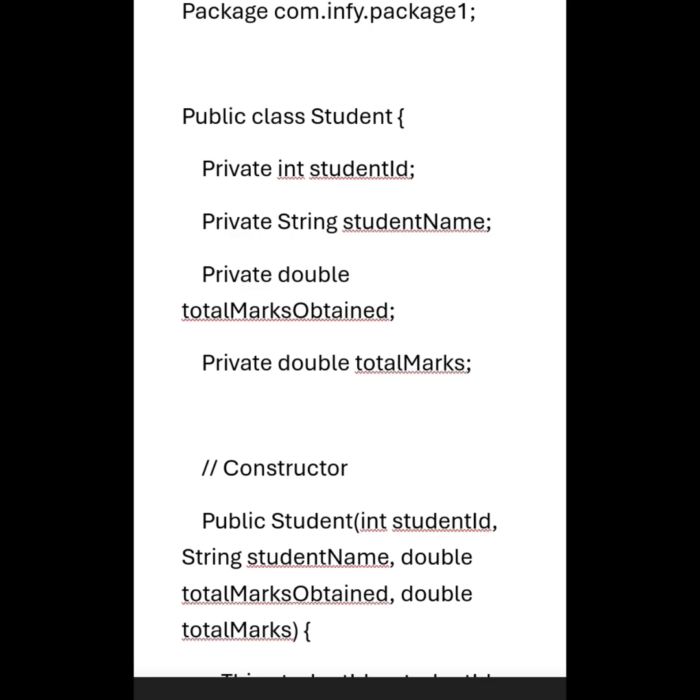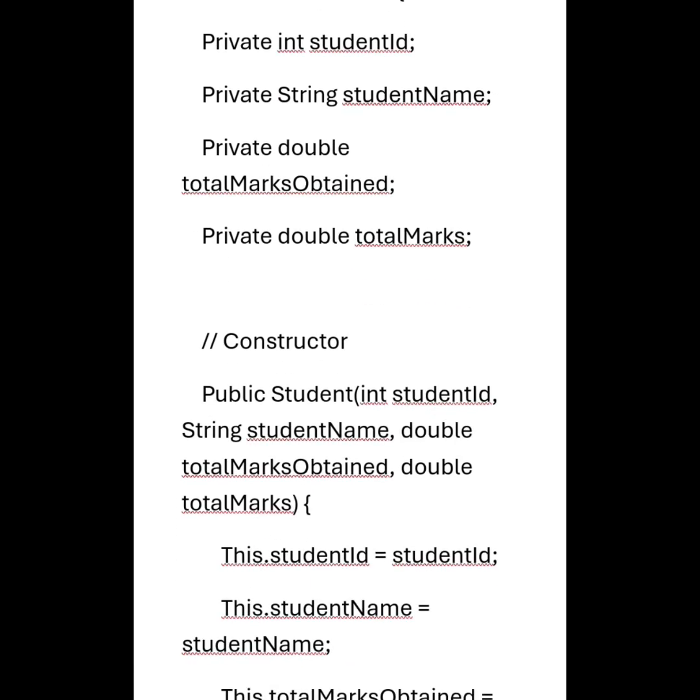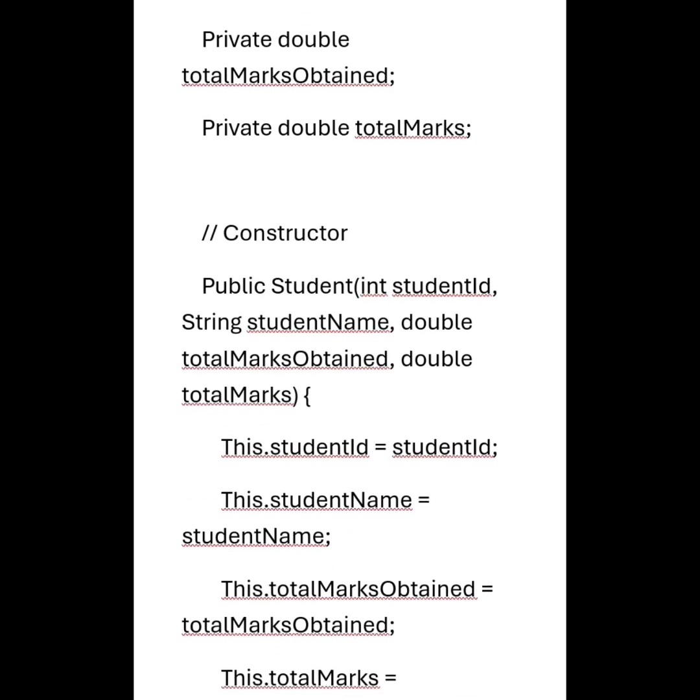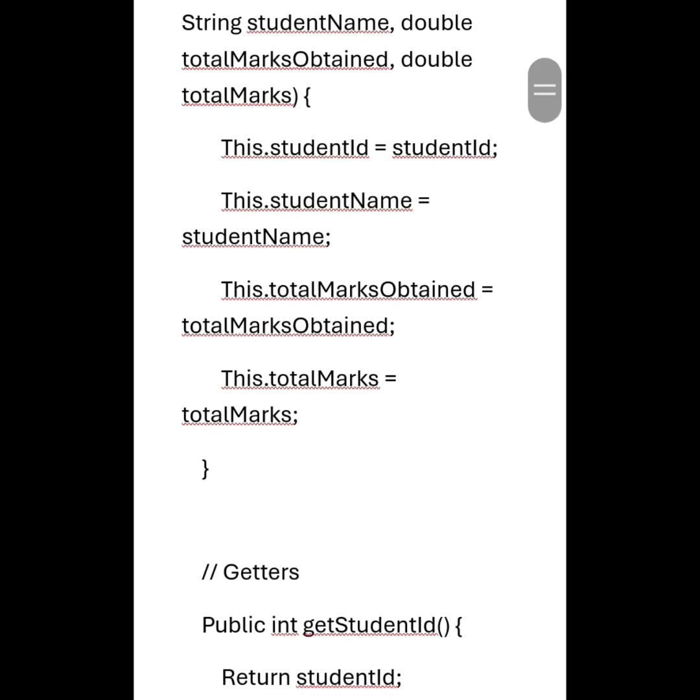Let us see the first package. We use the class Student, and then we use private int student ID, string student name, total marks obtained, and total marks. We are using a constructor, which means a parameterized constructor, and we use the this keyword to invoke these variables.